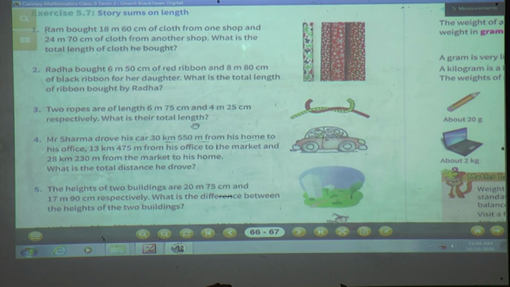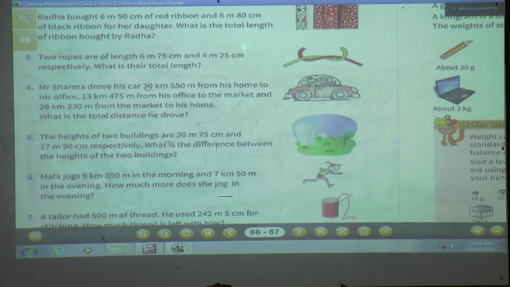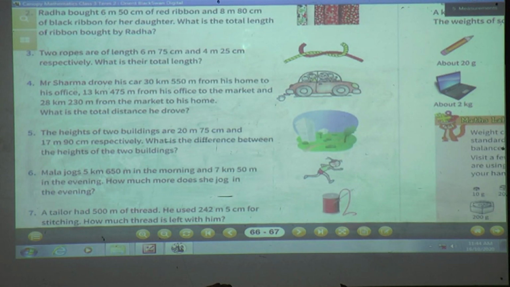Now we'll move to the next question, that is the fourth one. Keep your finger on the line and read the question. Mr. Sharma drove his car 30 kilometer 550 meter from his home to his office. Okay, read it carefully once again.